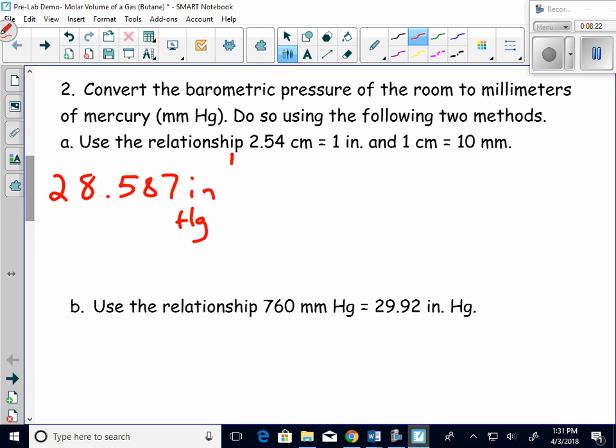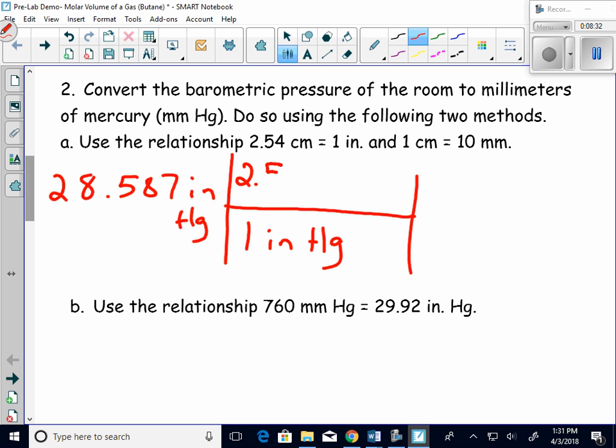As I do my conversion box, I want my inches to cancel, so I know that 1 inch of mercury is 2.54 centimeters of mercury. My inches cancel.